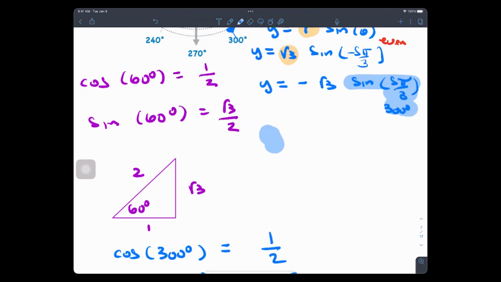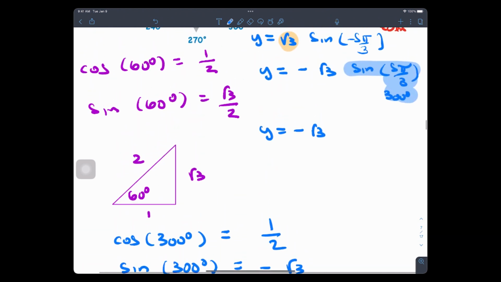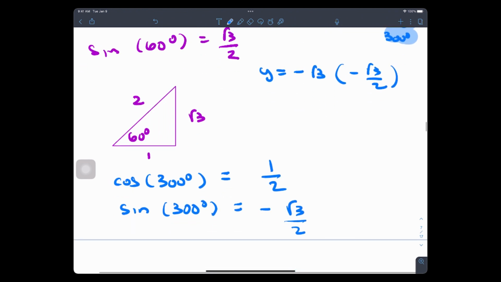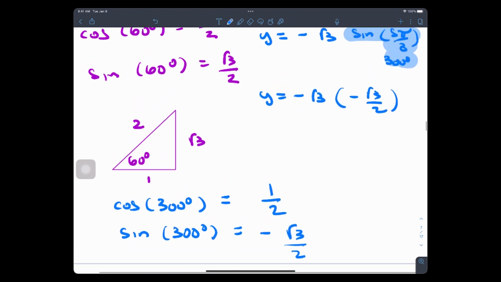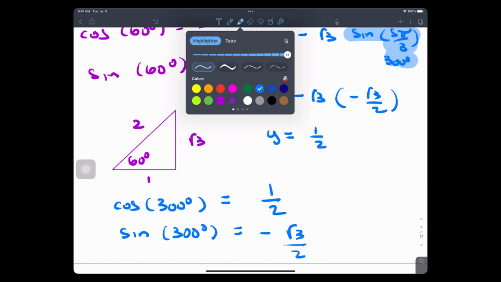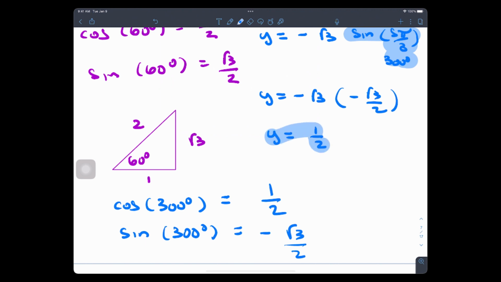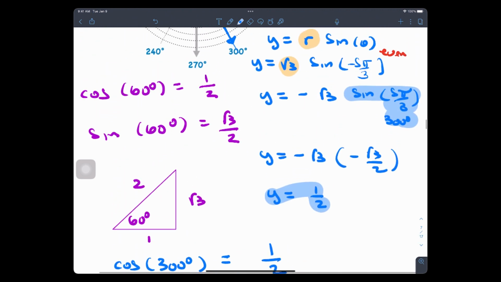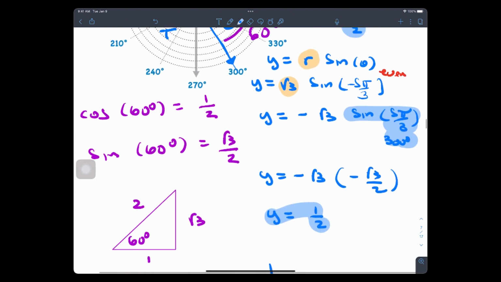So you have y is negative square root of 3 times negative square root of 3 over 2. Double check. Okay, so this gives me now what? Y will be positive 1/2, because then minus a minus here.